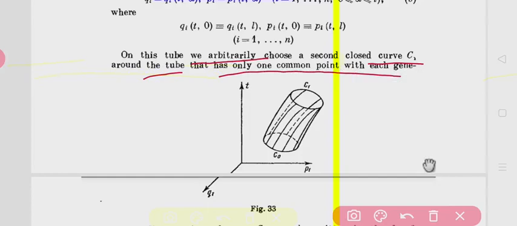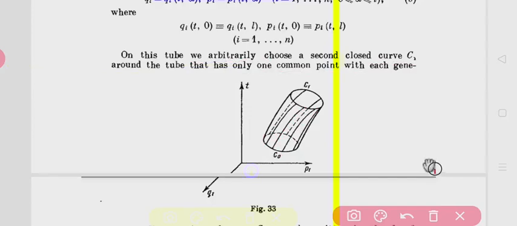That means whenever you consider a point of C naught, you have only one point on C1. For every unique point on C naught we have a unique point on C1 by using the trajectories.